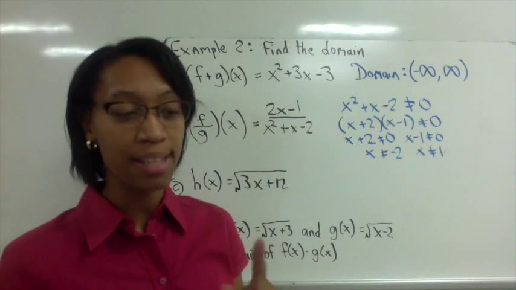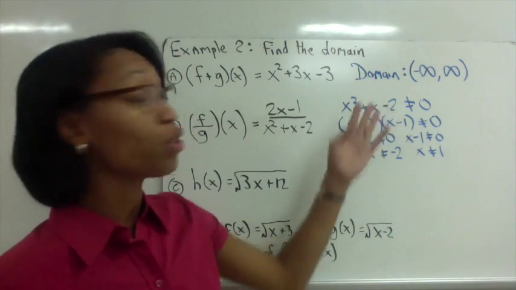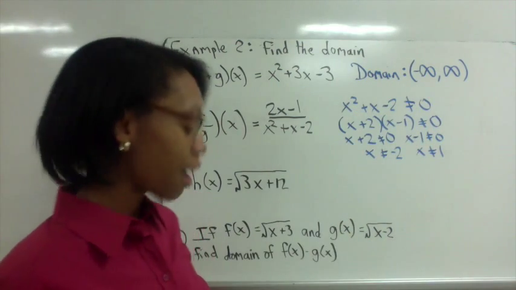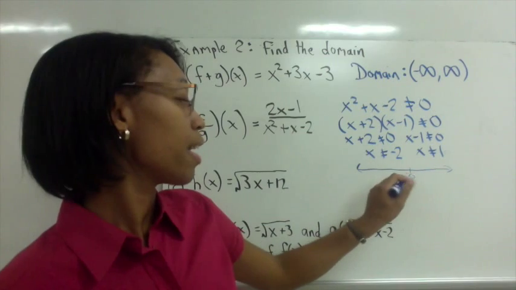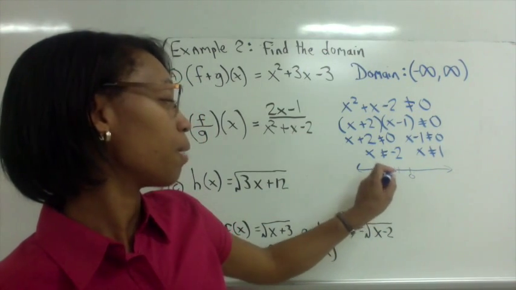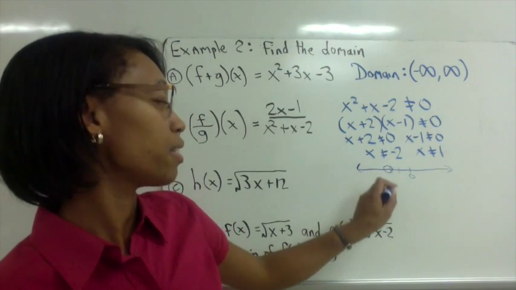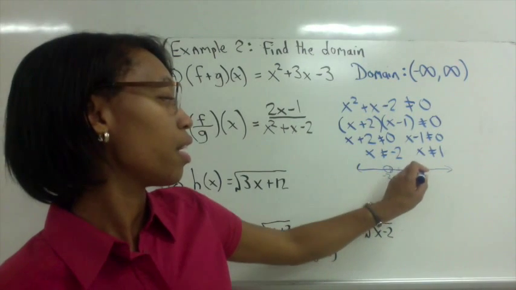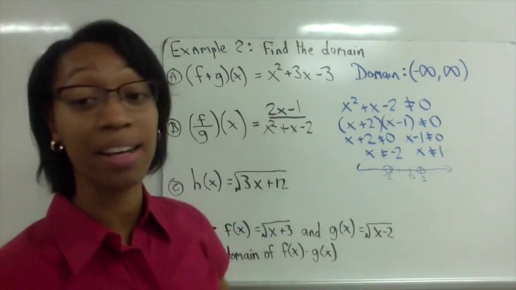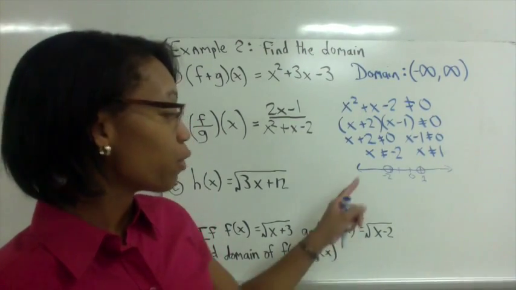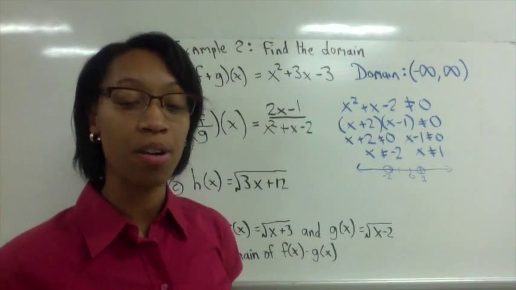But I want to write this in interval notation like I've been doing. So how can I write that in interval notation? I'm going to think of my number line, and I am cutting it into pieces at -2 and at 1. I have open circles where those points are not included. So that means my domain is going to have 3 parts.